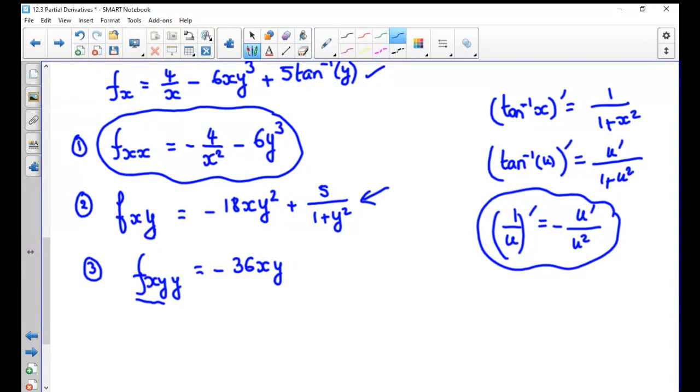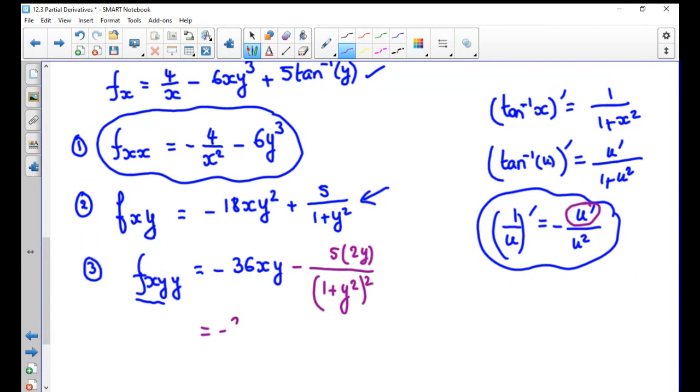Let's be a little bit intelligent here. We don't always want to use the quotient rule. So it's going to be minus, the 5 is a constant, y. Then what is the u dash? 2y. Yes, it's going to be 2y over 1 plus y squared, all of this to the power of 2, like this.